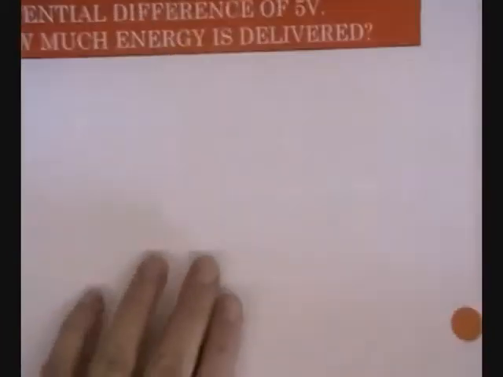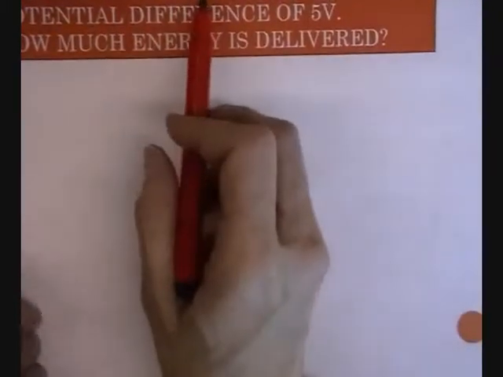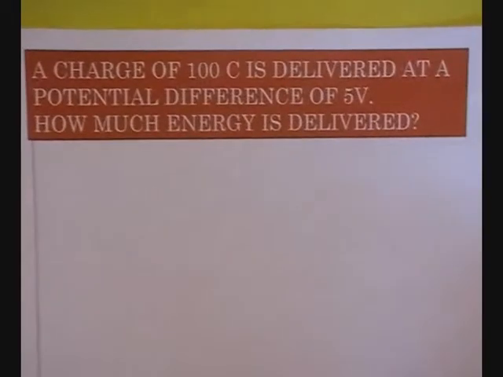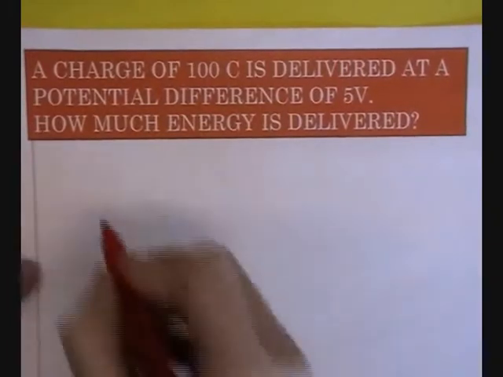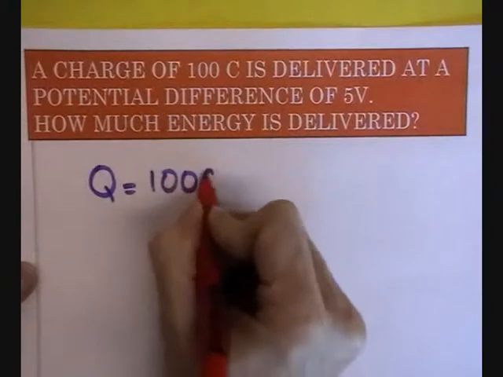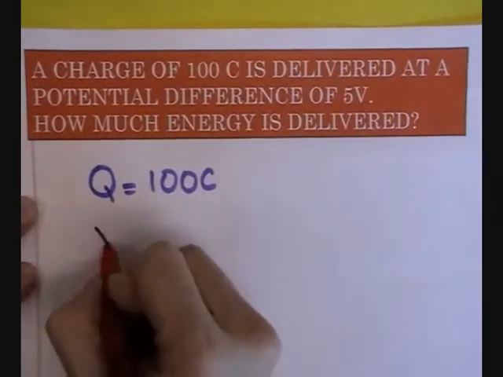So here's a question. You have a charge of 100 coulombs. So as usual, just write down all the things that you have. So you've got a charge of 100 coulombs, so Q is the symbol for charge. A potential difference, so another word for potential difference is voltage.